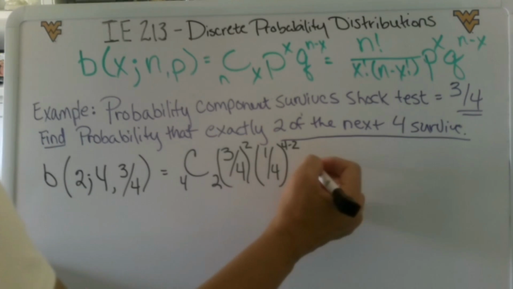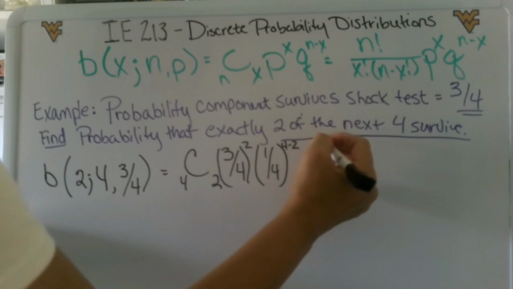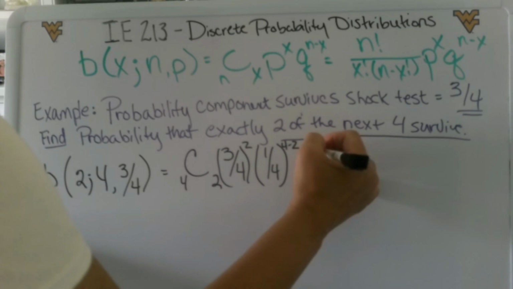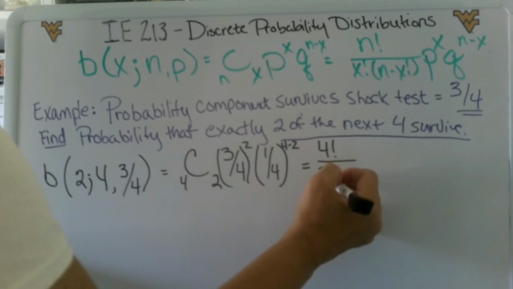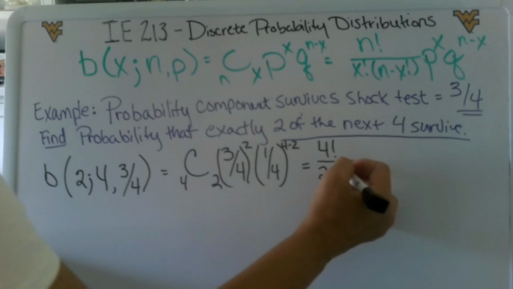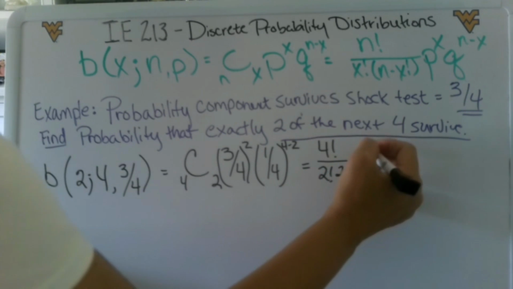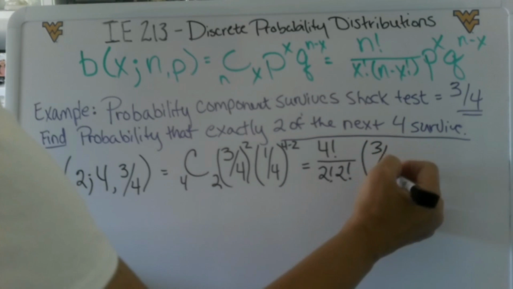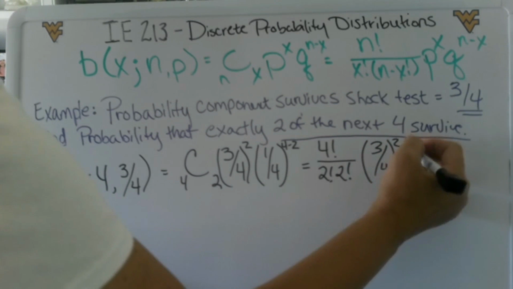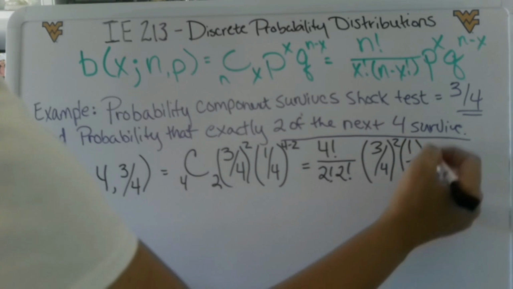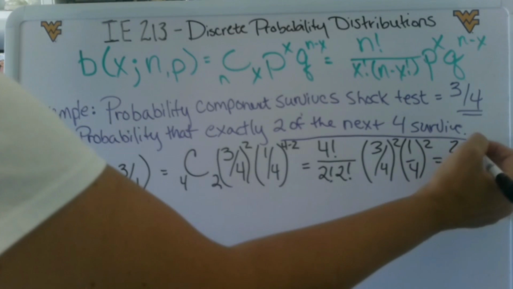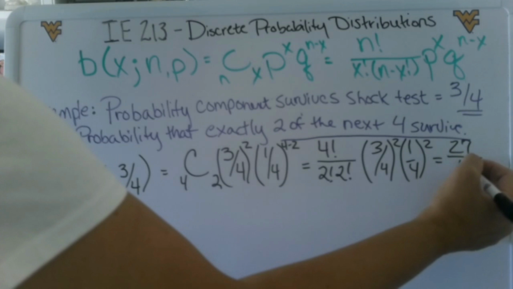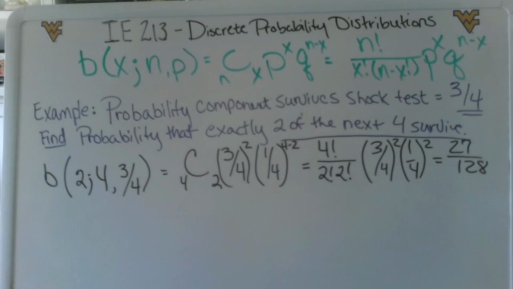So this will equal 4 factorial divided by 2 factorial times 4 minus 2 factorial, which is 2 factorial, times 3/4 squared times 1/4 squared, and this would equal 27/128 is the probability that exactly 2 of the next 4 survive.